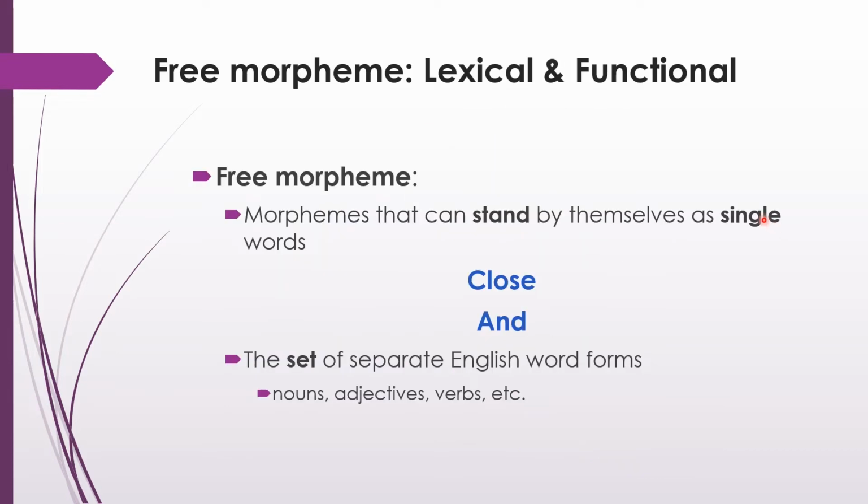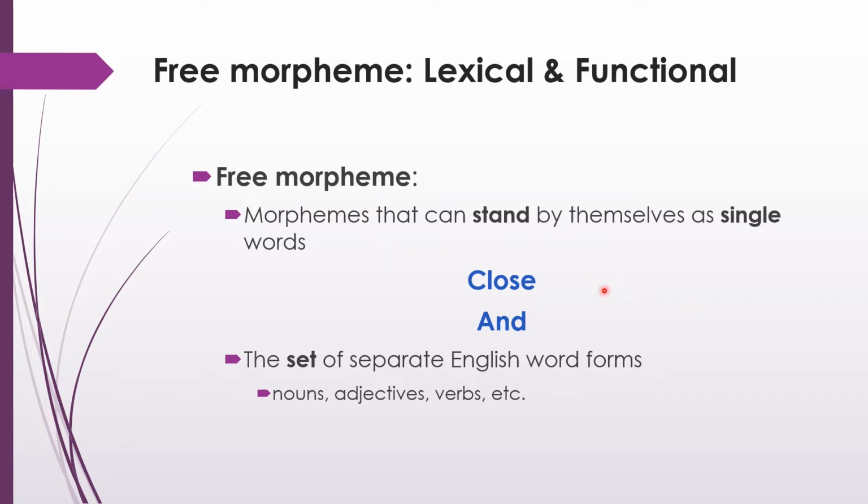So first, we are referring to free morpheme. What is free morpheme? We can easily understand it from the word itself: free means it is independent, so it doesn't depend on other things, it can stand alone. So the morphemes that can stand by themselves as single words are referred to as free morphemes.